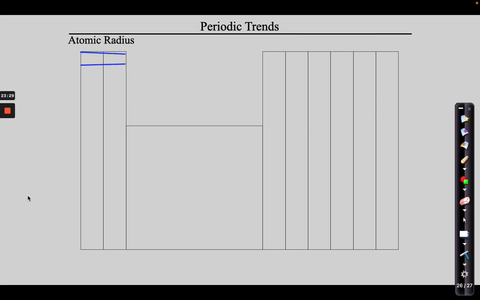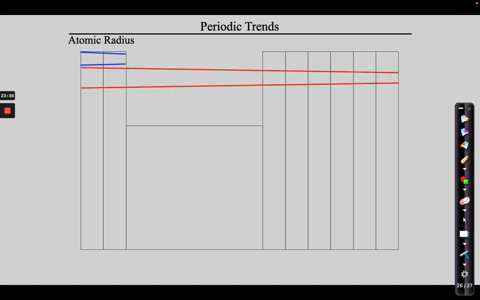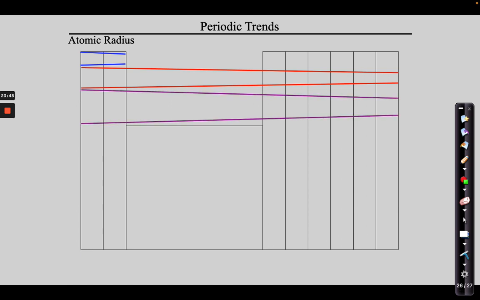As we go across, it gets smaller. And then when I come down, I add another layer to it, so it gets bigger again. But then as it moves across, it gets smaller. And then what happens? We add what? More energy levels. We add another layer. And after I add another layer, then as we move across, we're adding more protons that pull those valence electrons in even closer and closer.